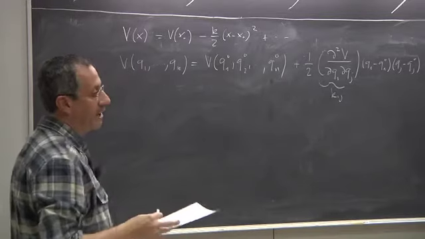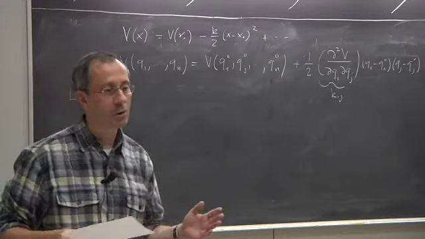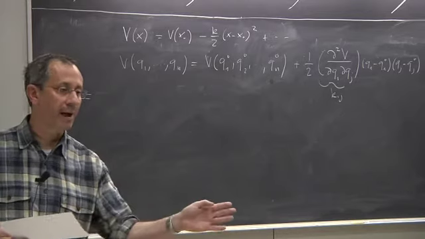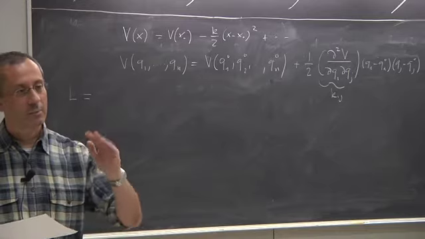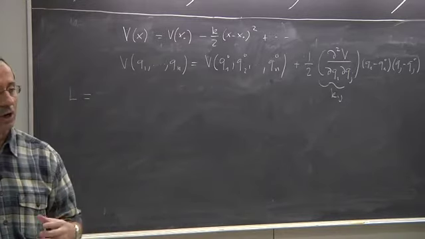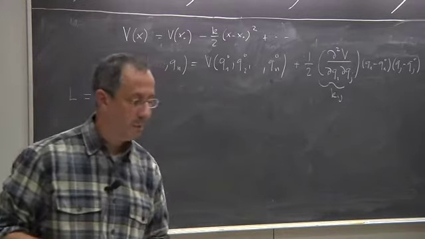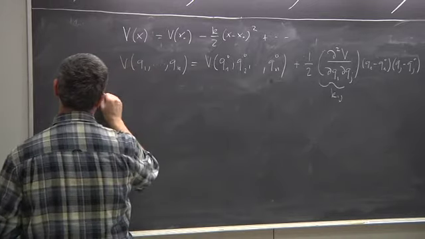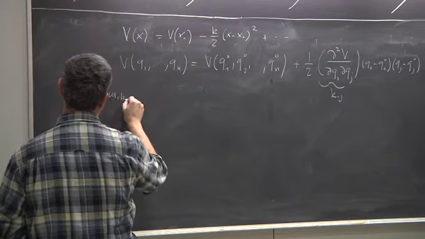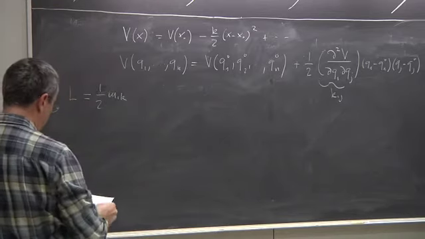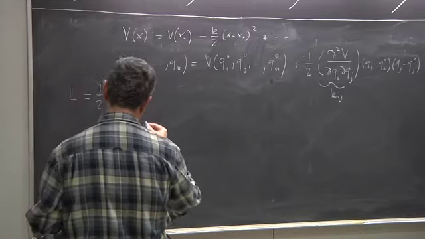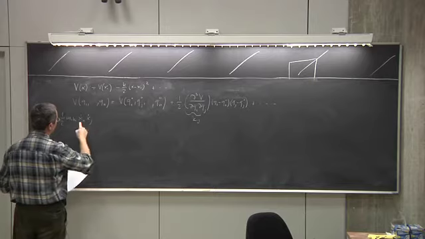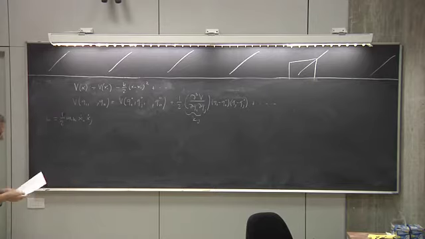So I have some masses, and your system in general may have a different mass in a different direction, right? Because the mass is sort of the inertia that your system has. It may be different in one direction or in the other. So masses too, you can think of them as matrices. And if I call my generalized coordinate x, you have a velocity that is a matrix as well.